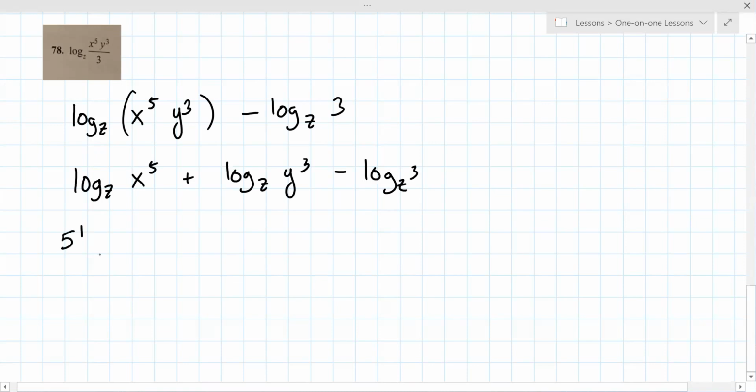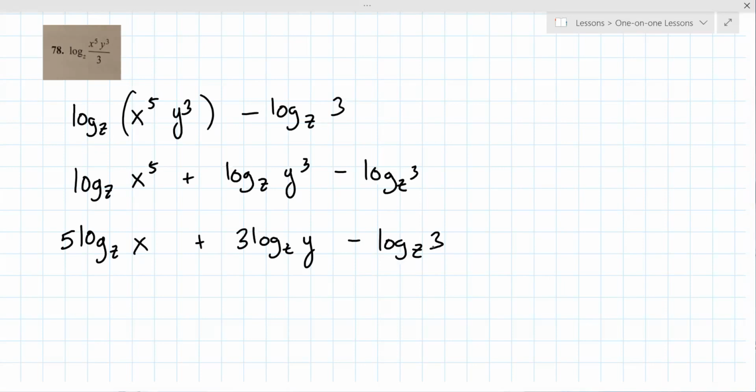So 5 log base z of x plus 3 log base z of y minus log base z of 3.